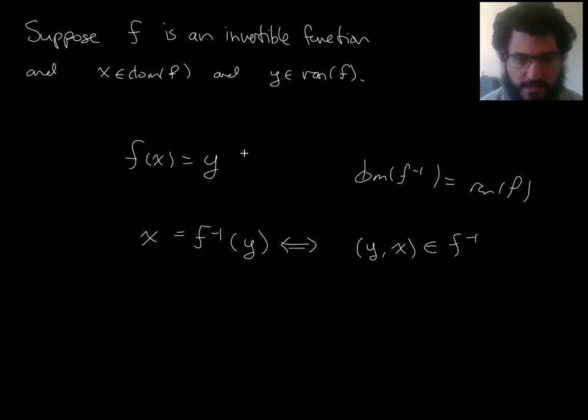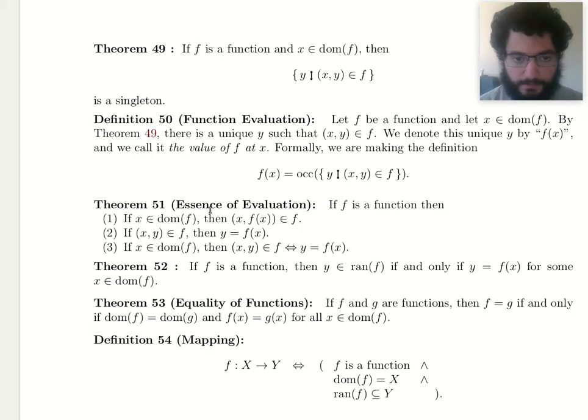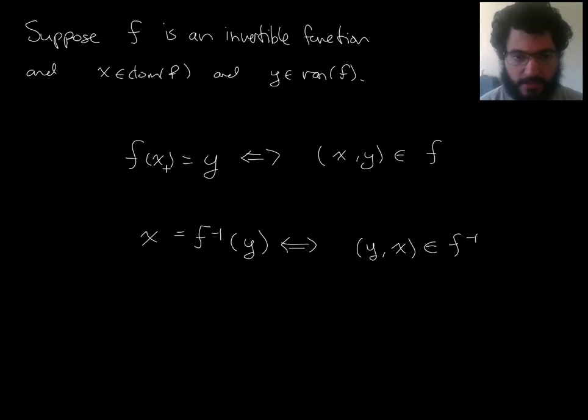And this one is the same as saying this. So this is true because Theorem 51 applies whenever you have a function, and we're in a situation where f is a function and f reverse is a function.